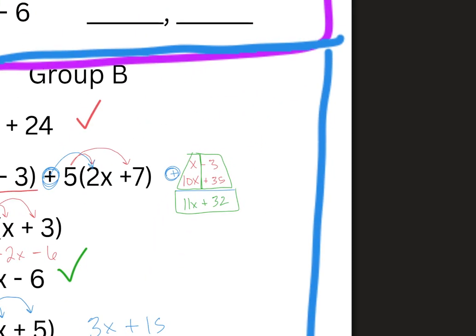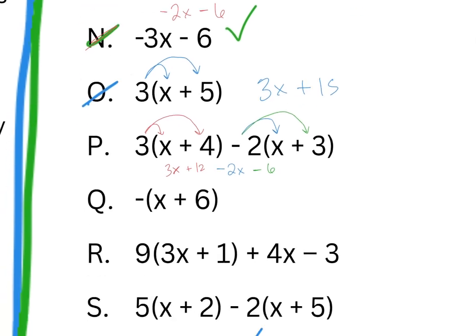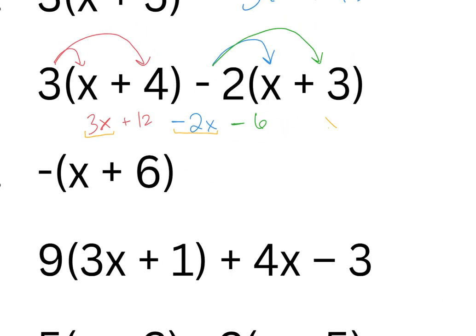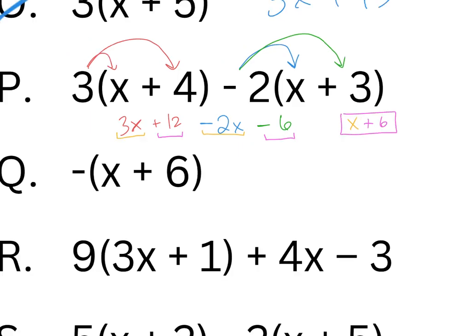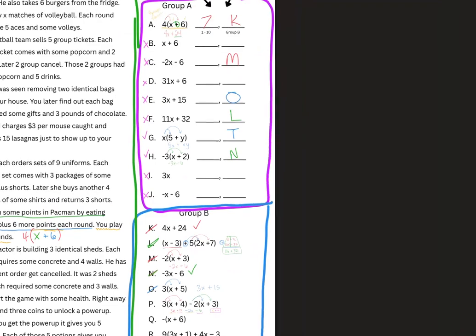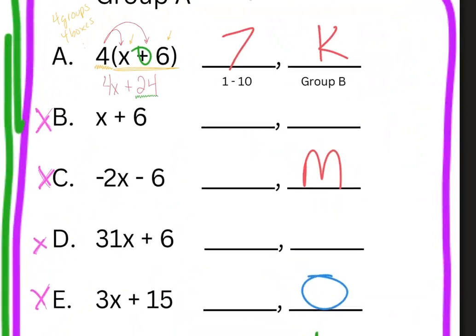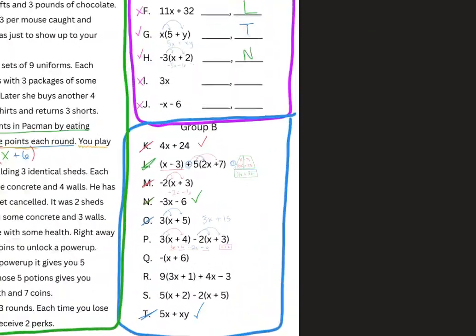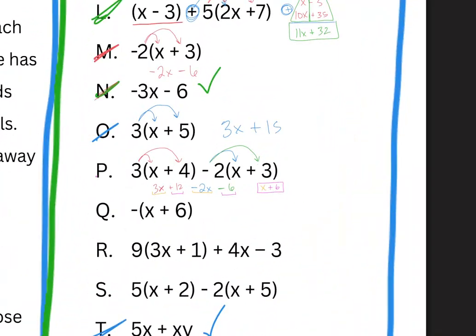I wanted to do one vertically right here and then leave one sideways right here to go, all right, here are these two like terms. 3x minus 2x's, that is just x. And then positive 12 minus 6, that's positive 6. X plus 6, x plus 6, x plus 6. Check it out, there's P. This one, B and P go together. So let's cross that one off.